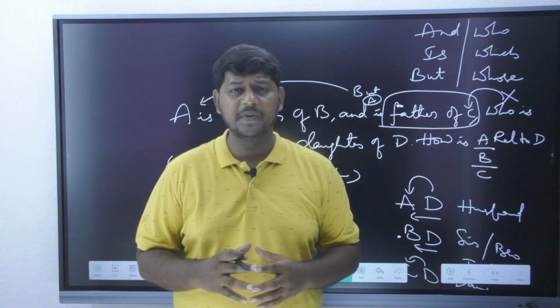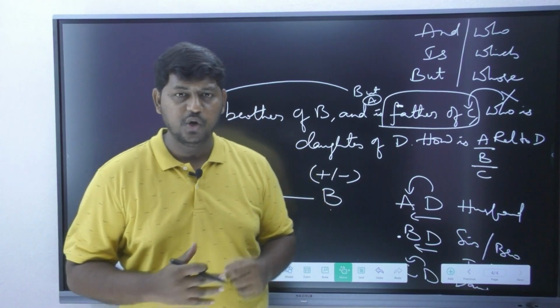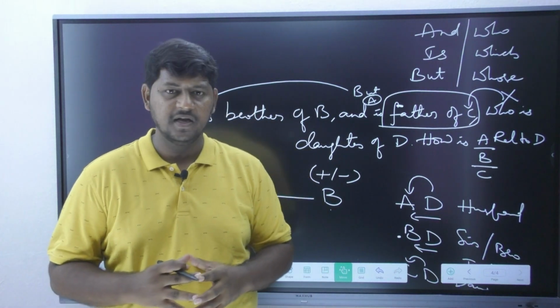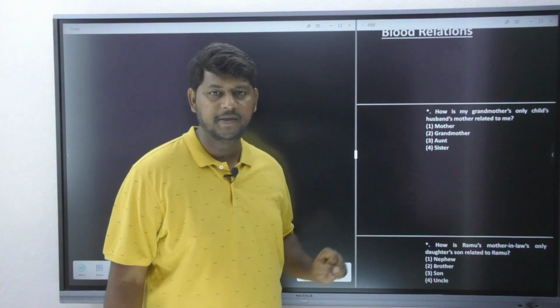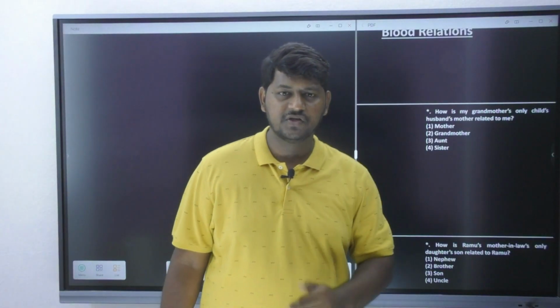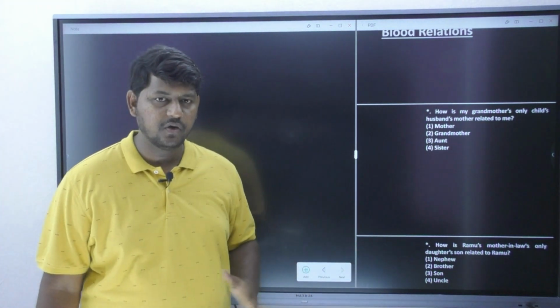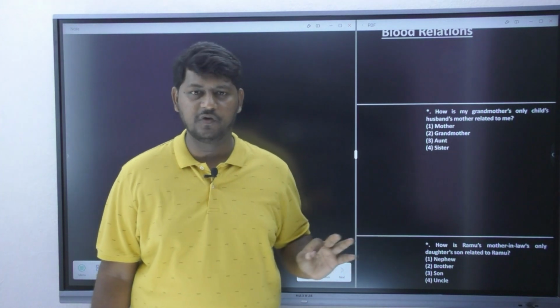Now, these are the basics of your blood relations. There are some other basics I am going to teach you while teaching you the questions. Don't worry, as of now we understood the basics. The other basics we are going to carry along with the questions. We are going to solve model number 1, that is your individual and paragraph questions.